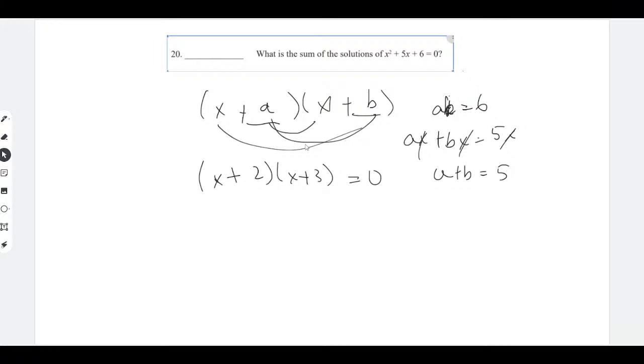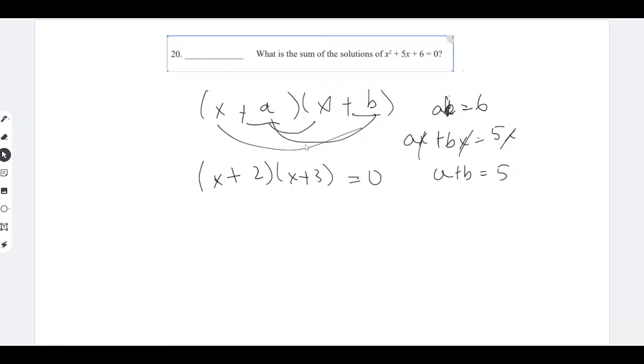And then, do you know where to go from here? Yeah, I think so. So what would you do? You would multiply x times x, and then x plus x times 3, I think.